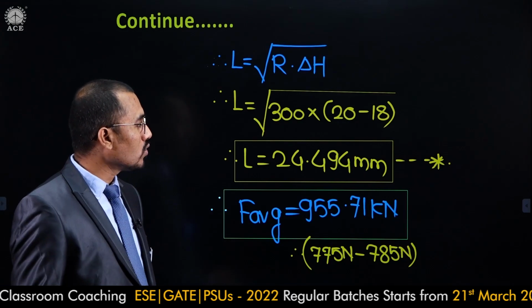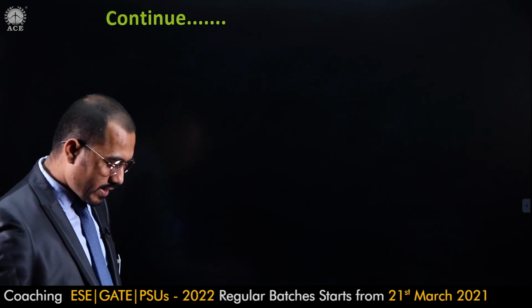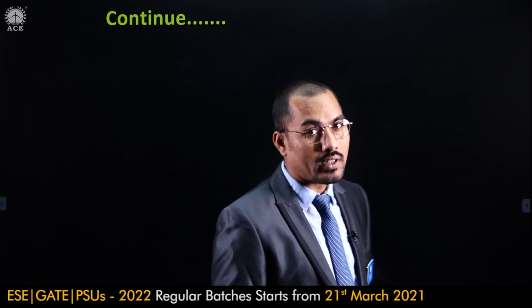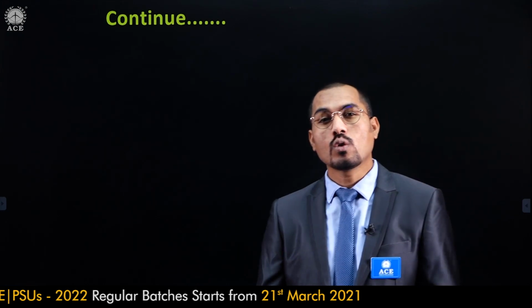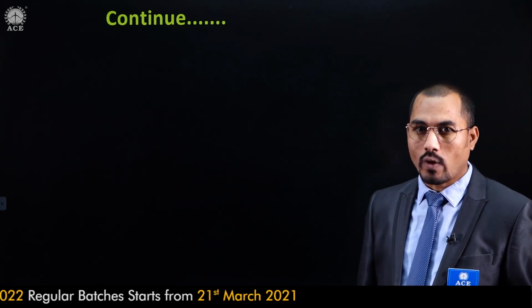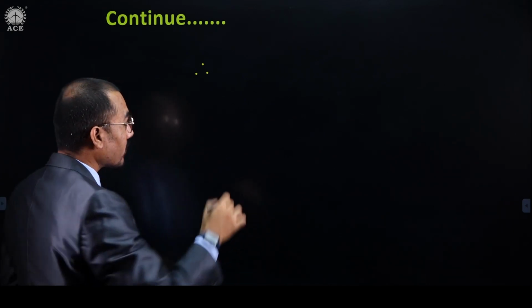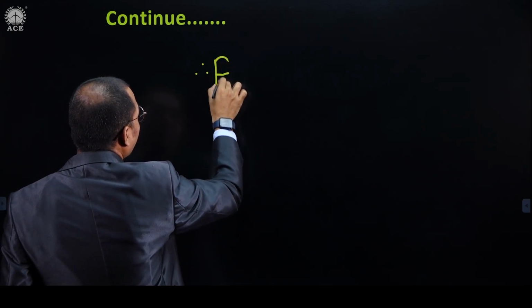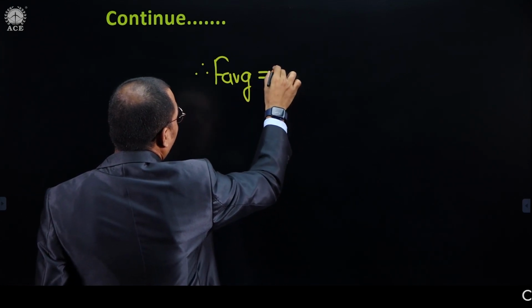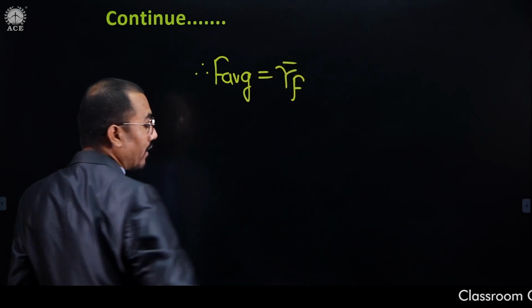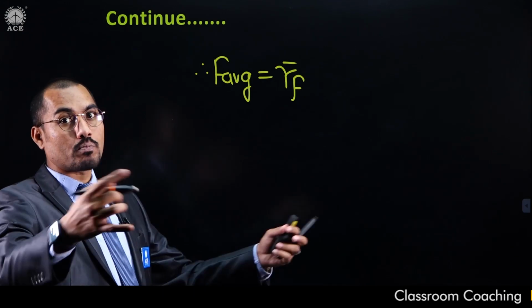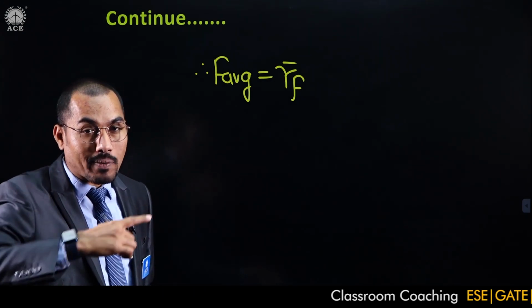Now, if I solve this numerical in one more way, consider that in a number of reference books it is stated that for cold rolling operation the friction is up to 0.1, and sometimes if the friction is neglected, the approximate calculation of rolling force can be done by neglecting that friction. Then my rolling force F average becomes exactly equal to the average flow stress Y bar F, already calculated, which is the average pressure applied on the projected area.